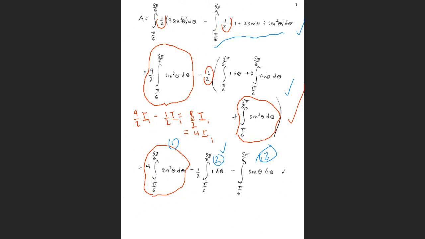It's fine to work with that, but we might make our lives easier if we examine the symmetry of sine squared theta and sine theta from pi/6, which is 30 degrees, to 5pi/6, which is 150 degrees. I have a couple of graphs on the next page that'll be helpful in this regard.